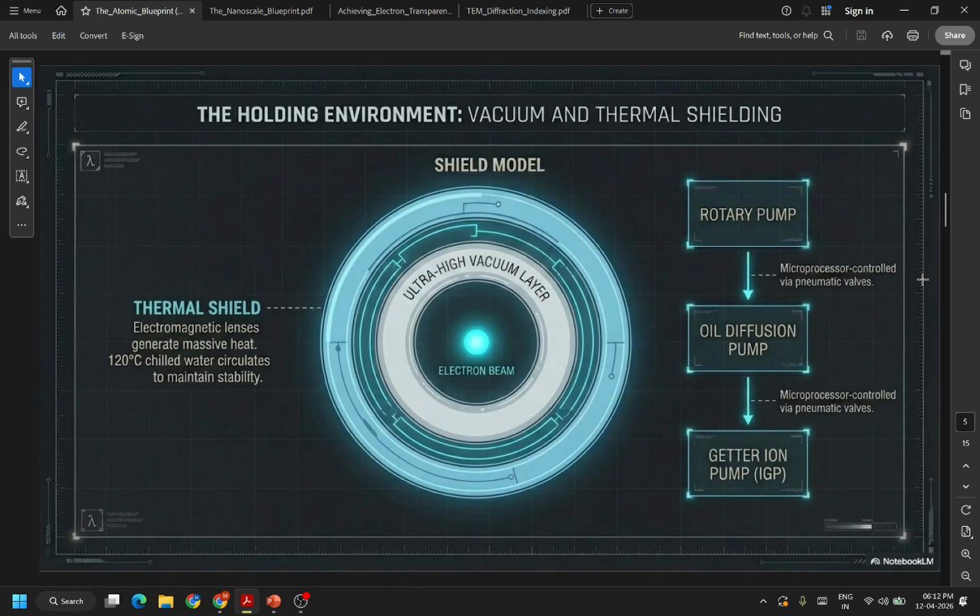Then there is an oil diffusion pump, which will bring it down to about 10^-6 millibars. Then there will be a getter ion pump, which will further bring it down to about 10^-9 or 10^-12 millibars.